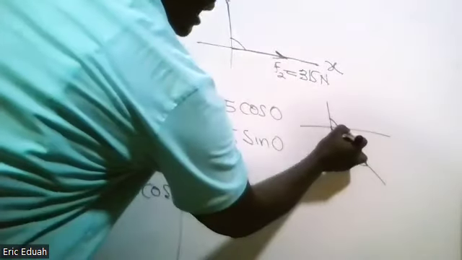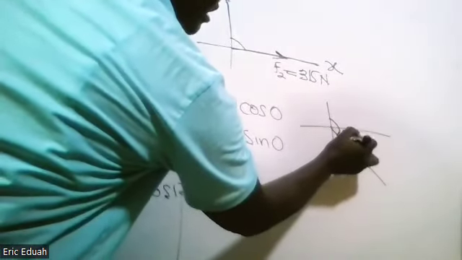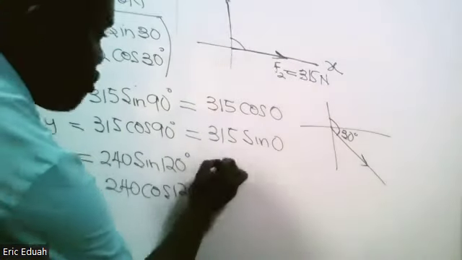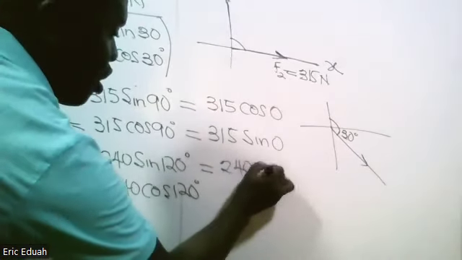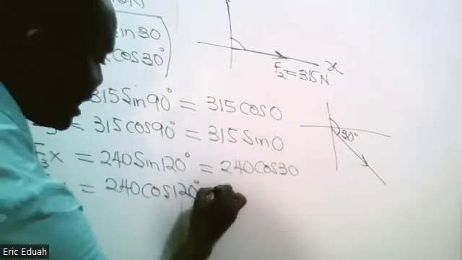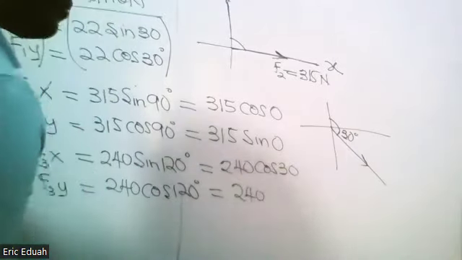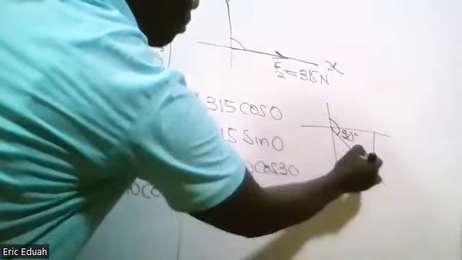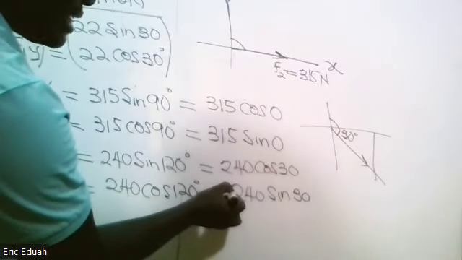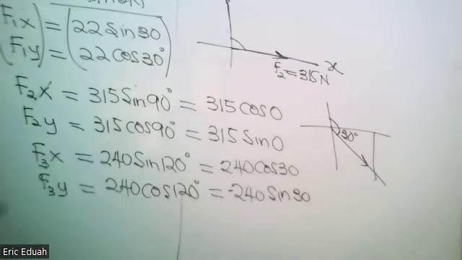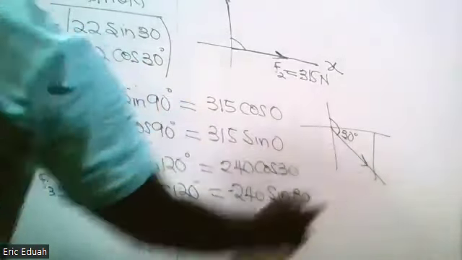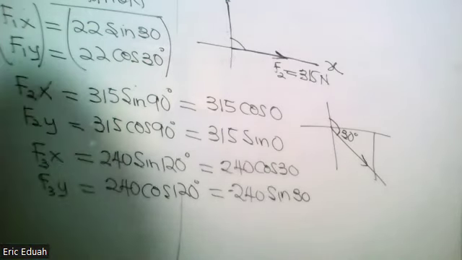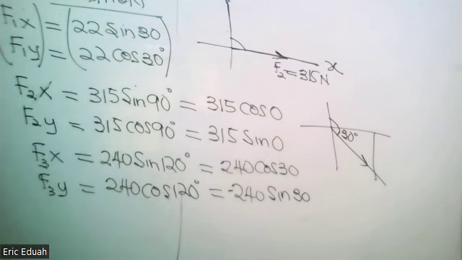So the angle it makes with the x is 30. So if you want to use this, then F3x becomes 240 cos 30 degrees and then 240 sine 30 degrees. But the vertical component, which is the y, is negative. So that will be the components of each one of them.